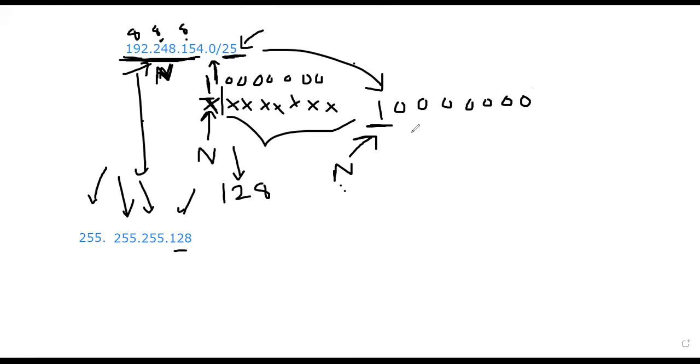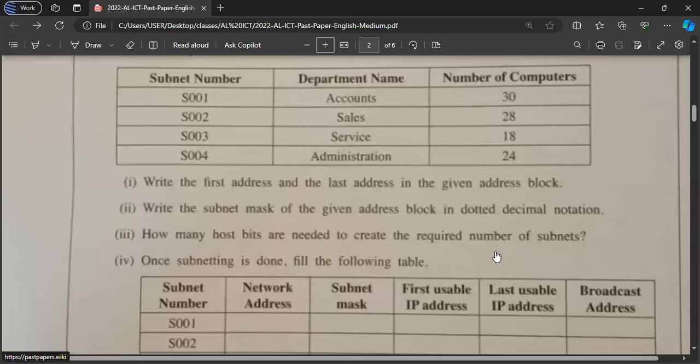The remaining 7 bits will be allocated for the host. Now in this scenario, you need to use the host bits to answer the question: how many host bits are needed to create the required number of subnets?